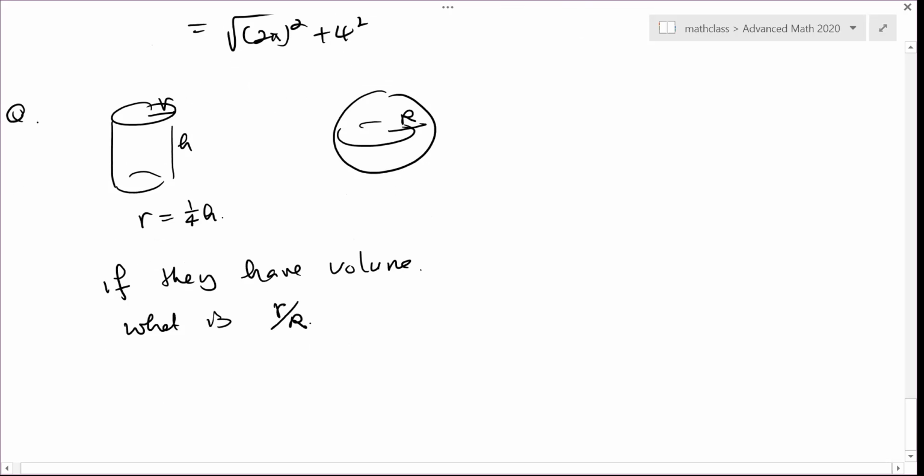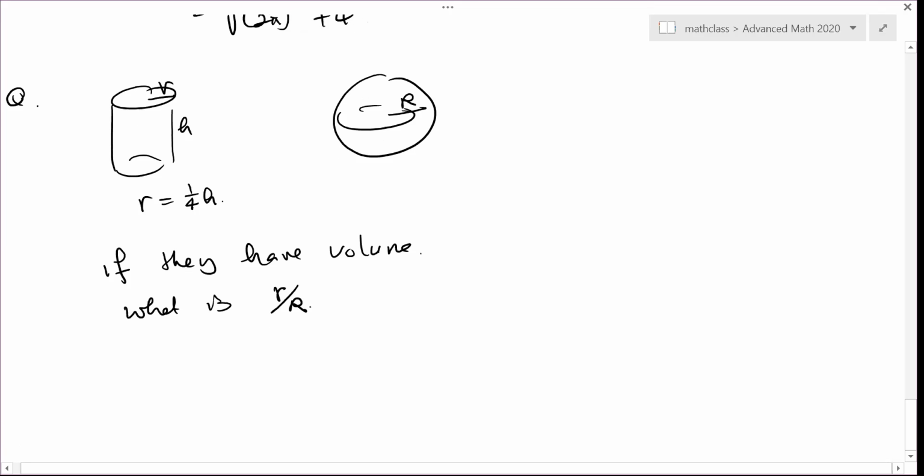This cylinder is completely determined by its radius, right? Because the height is proportional to the radius. So let's look at the volume of the cylinder. The volume of the cylinder is the base area pi r squared times h. H is 4r, so it's 4 pi r cubed.